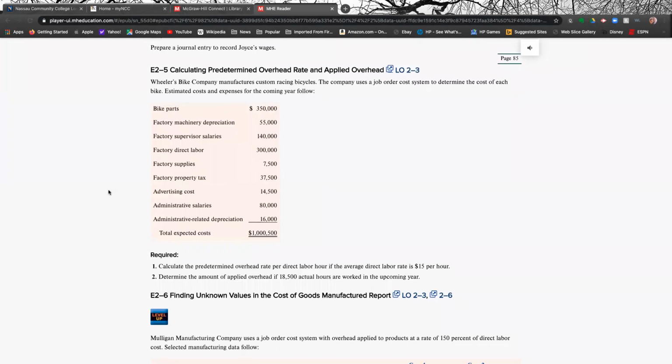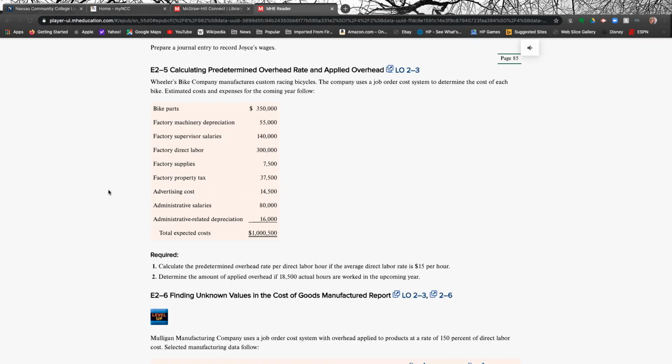So the first one we're going to do is exercise 5, calculating the predetermined overhead rate and applied overhead. They give us a list of things, and again, in accounting, they give you a list that's longer than you need most of the time. They want us to calculate the predetermined overhead rate per direct labor hour if the average direct labor rate is $15 an hour.